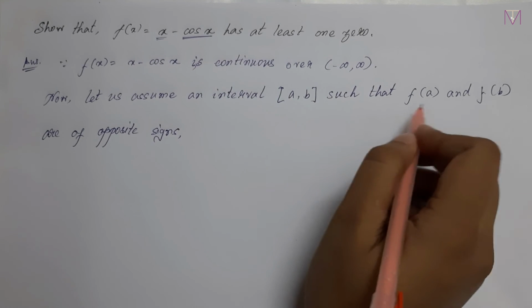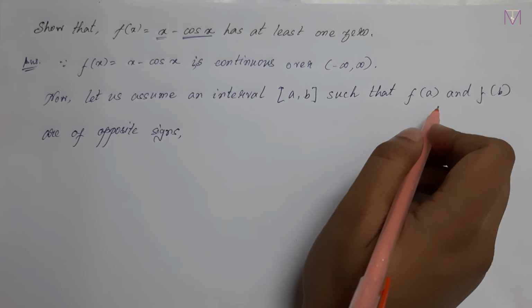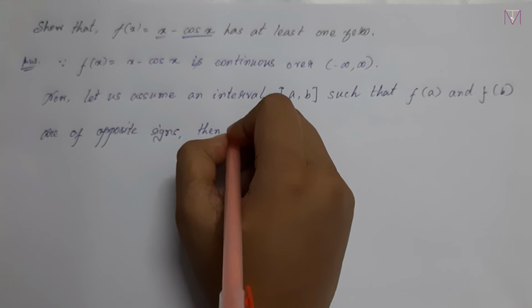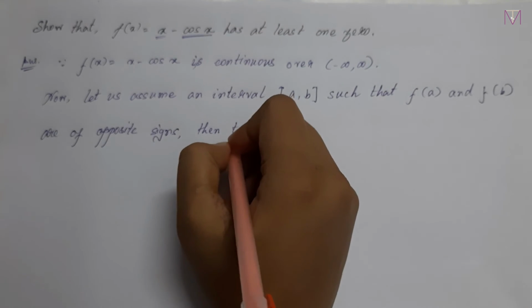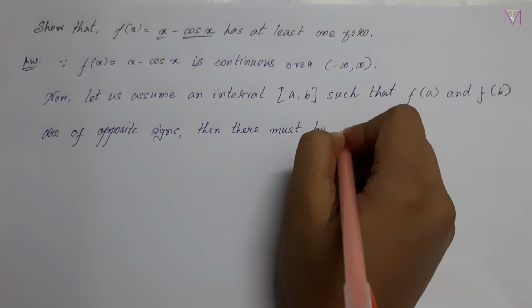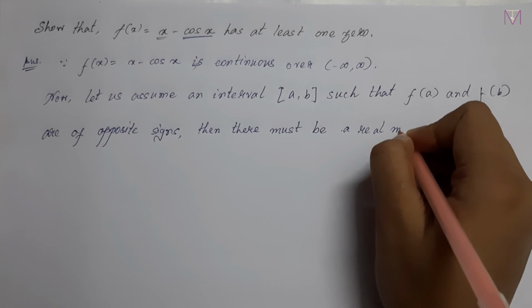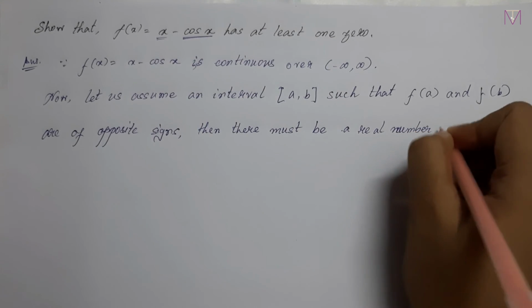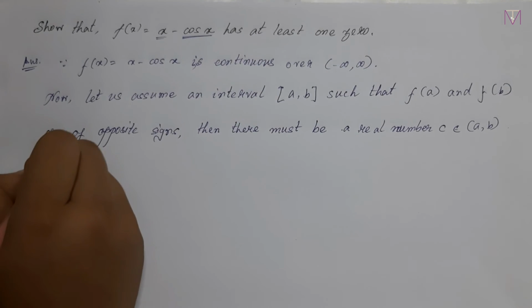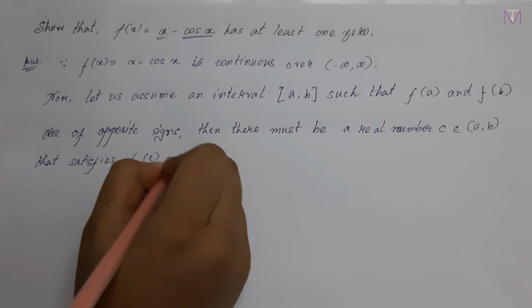If they are of opposite sign, then there exists at least one point where f(x) is equal to 0, a real number c belonging to the open interval (a, b) that satisfies f(c) equal to 0.